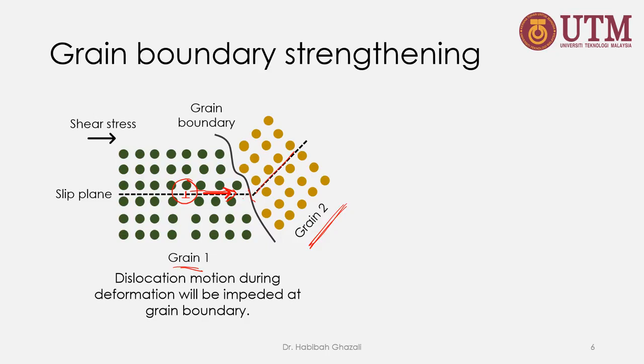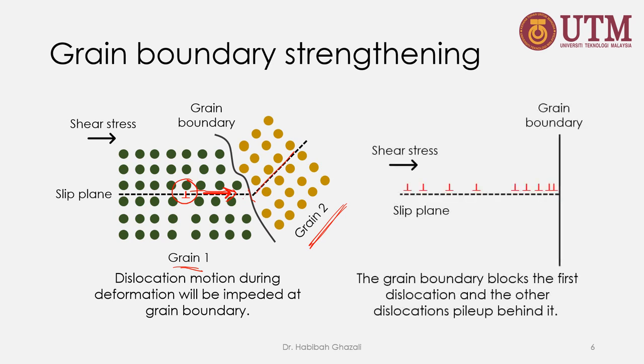Since the two grains are of different orientation, a dislocation passing into the neighboring grain will have to change its direction of motion. This becomes difficult for the edge dislocation.